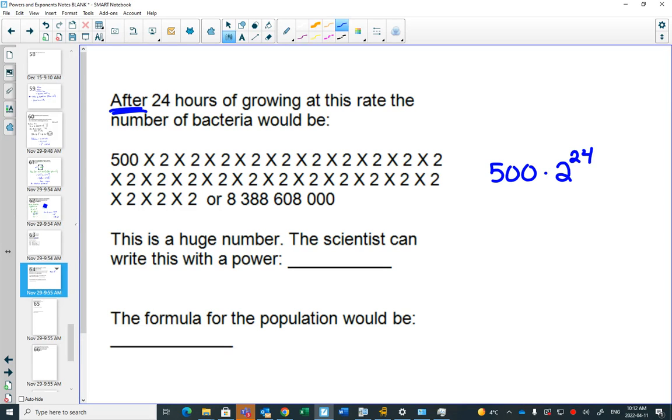This is important: if it said at 24 hours, then you would have 23 of them. Why? The wording gets complicated. Can you just say after 24 hours on the test? I will. Okay? This is a huge number. That's why scientists write it as a power. Oh, look at this. It'll be 500. Oh, too hard.